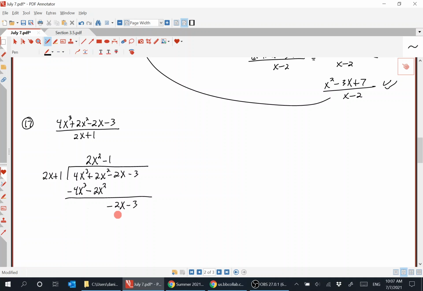So minus 2x minus 1, I want to subtract this, so I flip the signs, and I get minus 2. And that's my remainder. Right? This is degree 1, this is degree 0. So that's my final remainder. So remainder over divisor, the quotient.